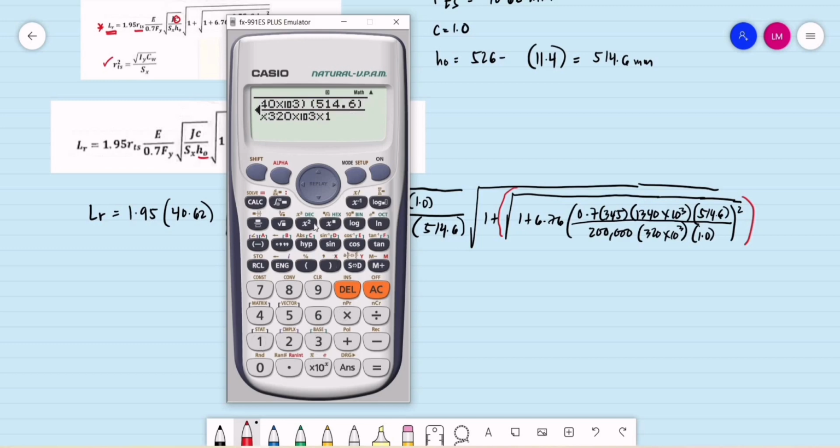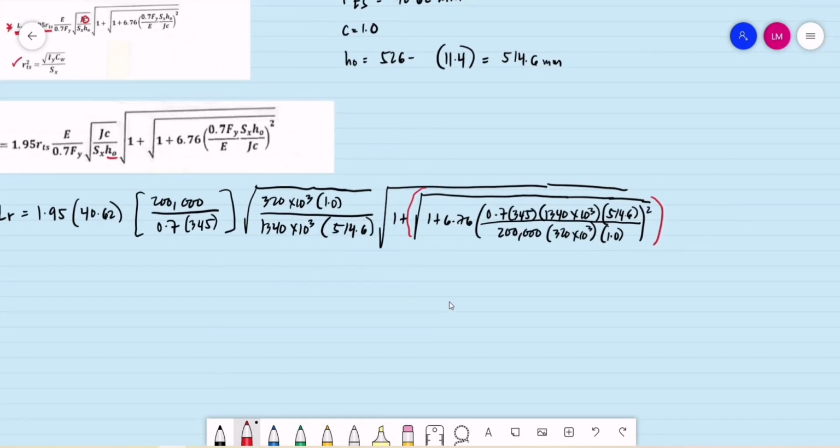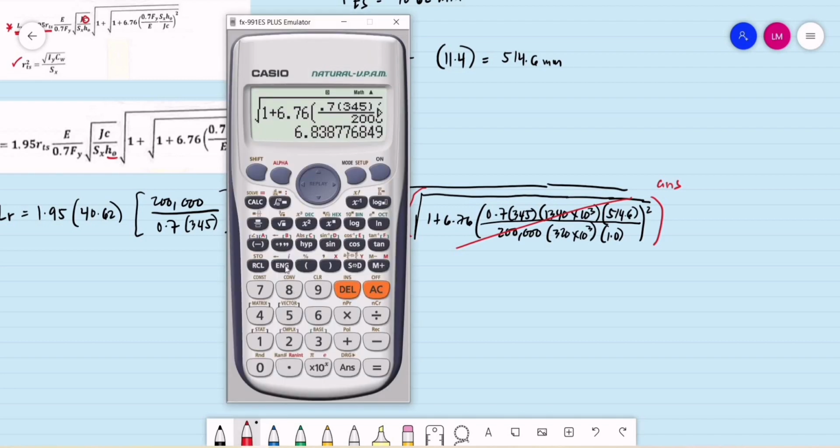And this value is raised to 2. This is now the value in our calculator. Then all we have to do is plus 1, then take again the square root. That is the same as the square root of 1 plus the computed value.